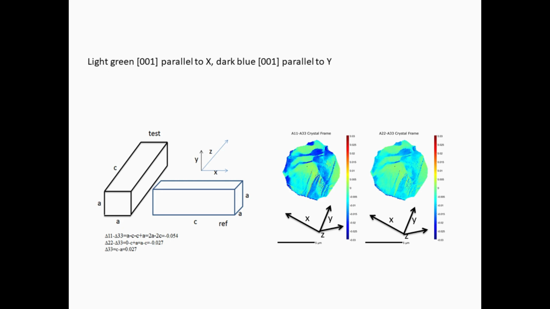Here is the A grain, and if you find where the 100-type axes are in space, and then look at the ratio between the X, Y, and Z axes, you can determine which is the true C-axis. The light green is the C-axis in this material, and the dark blue is the A or the B.